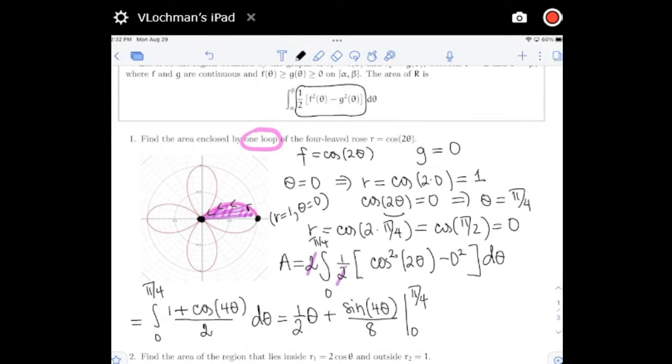Let's see what we get. 1/2 times pi over 4, that's pi over 8. And then we get sine of pi, that's 0, minus sine of 0, all of that is 0. So we just get this nice answer, pi over 8. This is area, so that's units squared.